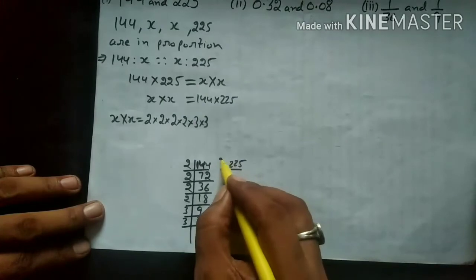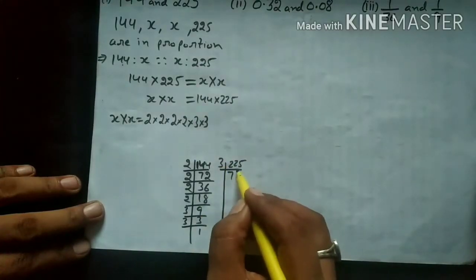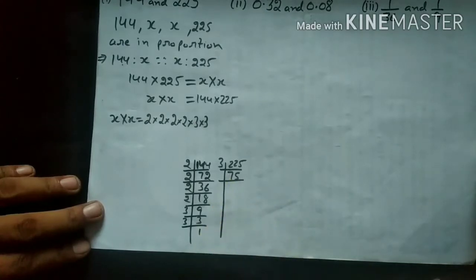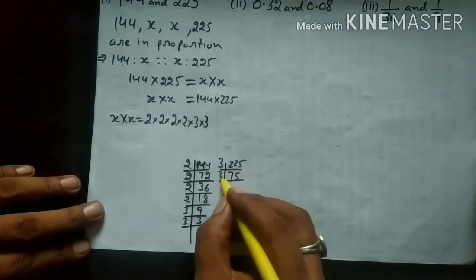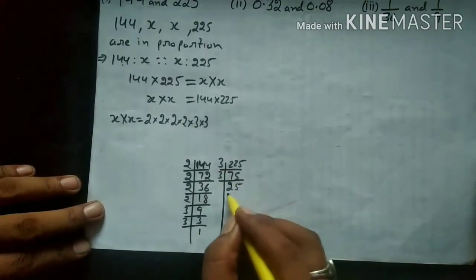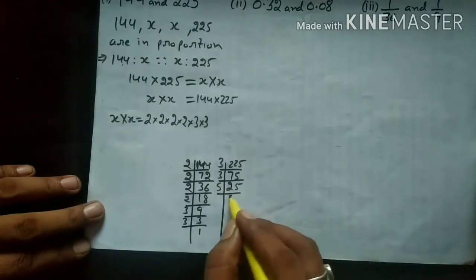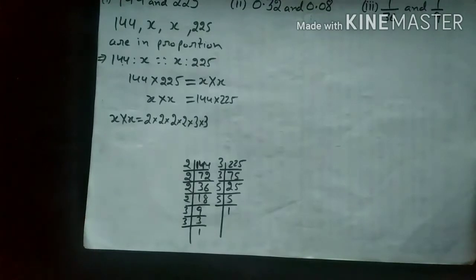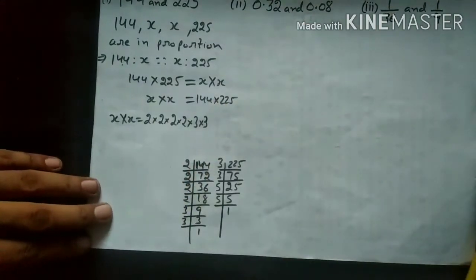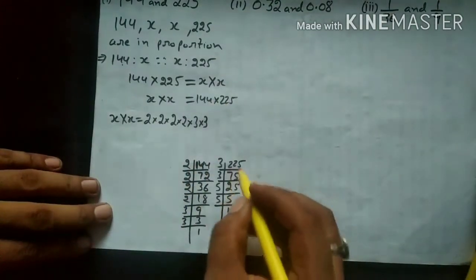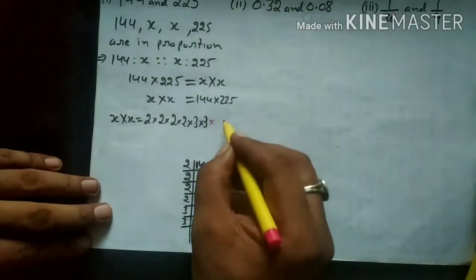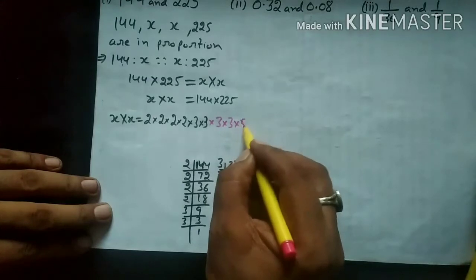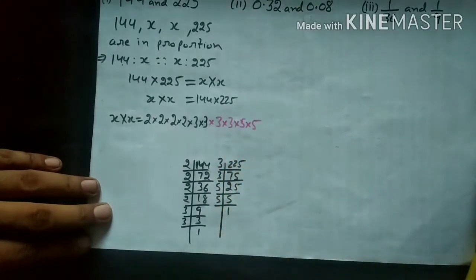So I can divide this. 3 7s are 21, carry 1, and 3 5s are 15. Now 75 is again divisible by 3, giving 25. Now 25 is divisible by 5. So I can write the prime factorization of 225 as 3 times 3 times 5 times 5.